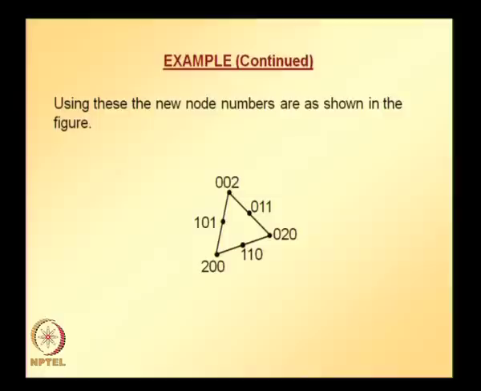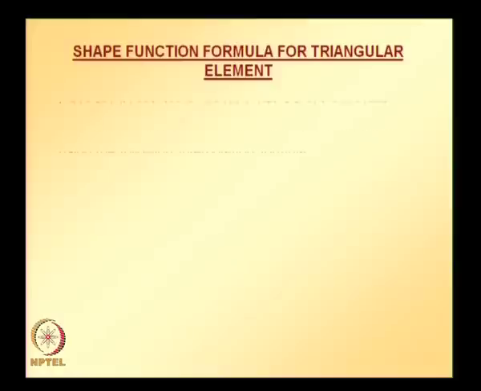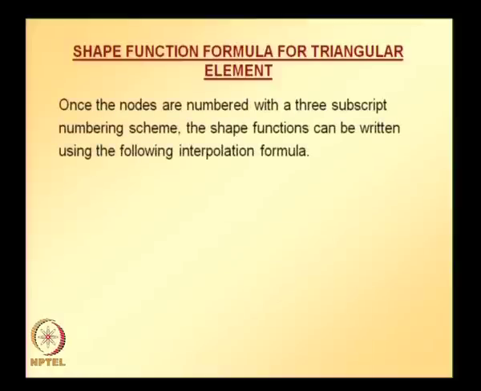So, this is how you can obtain this 3 subscript numbering scheme for any noded triangle. Once we have this, the next step, once the nodes are numbered with the 3 subscript numbering scheme, is that shape functions can be written using the following interpolation formula.